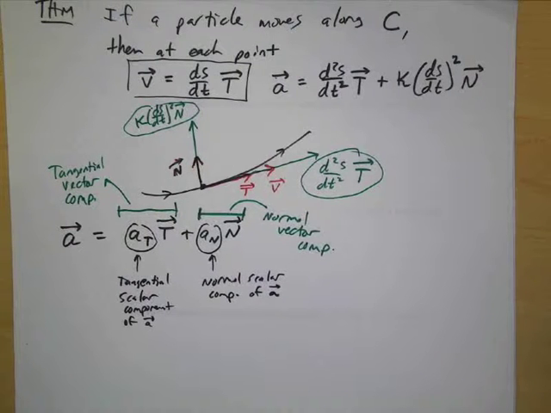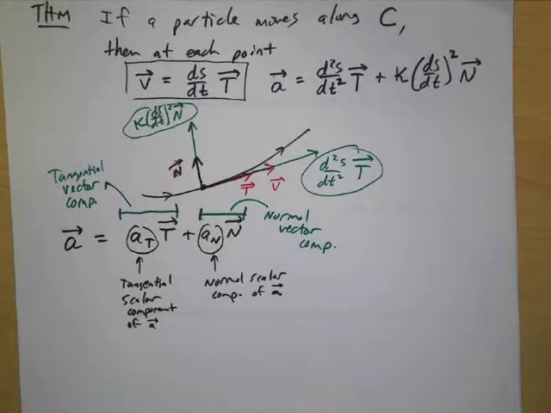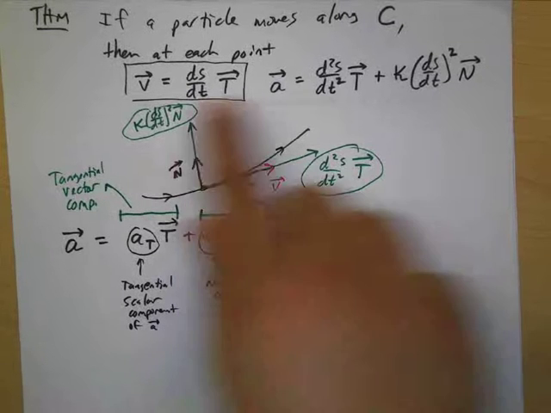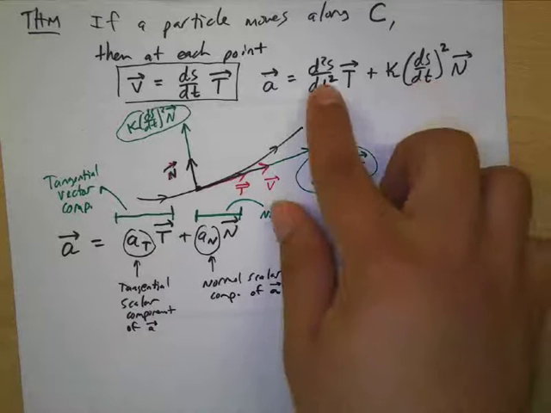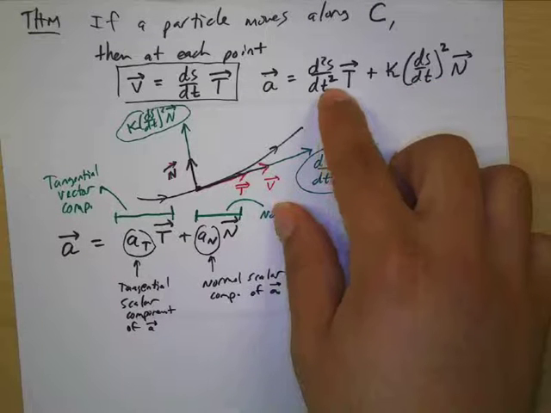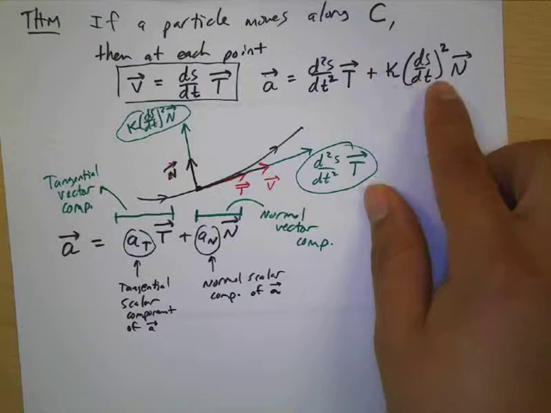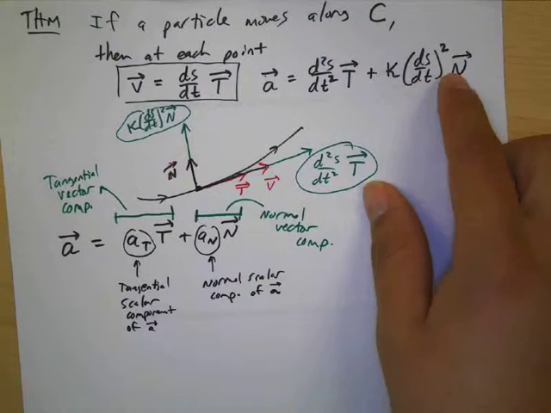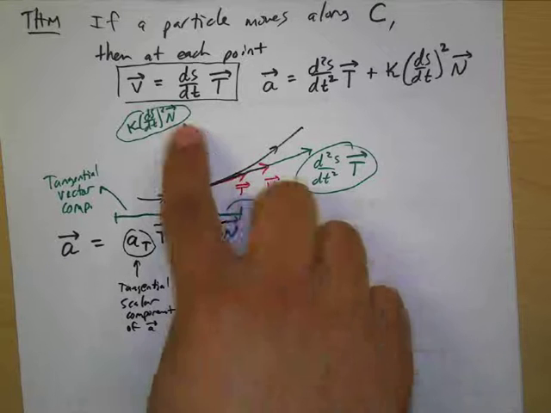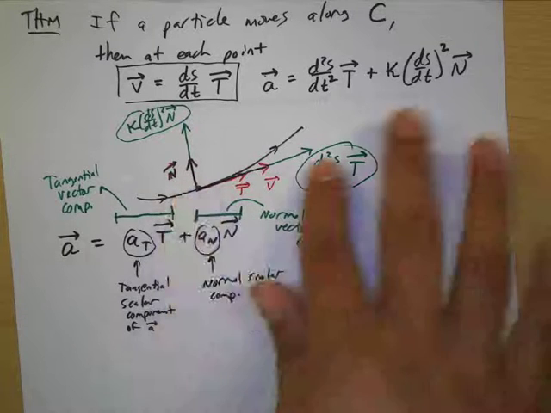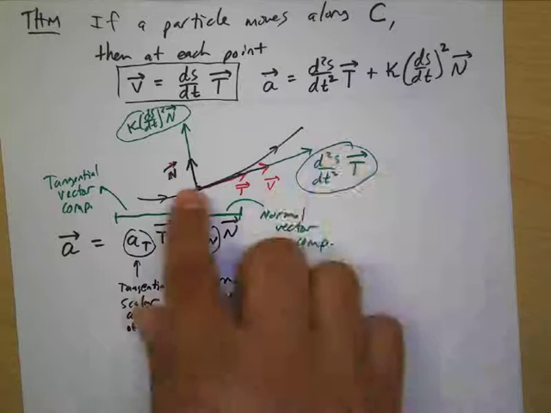Okay, so here's what we really need to know. The way it's written currently, acceleration with the second derivative of the arc length with respect to time, and then curvature times velocity squared, essentially, or speed squared rather, gives us some insight as to how the particle or object is moving along the curve.